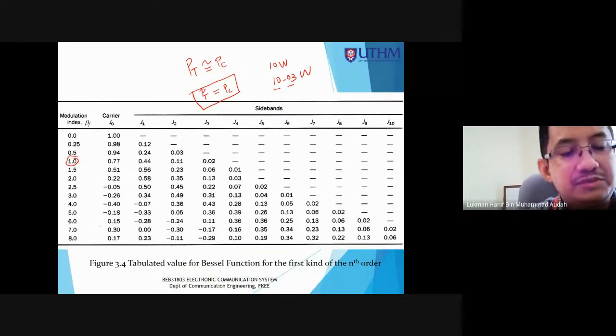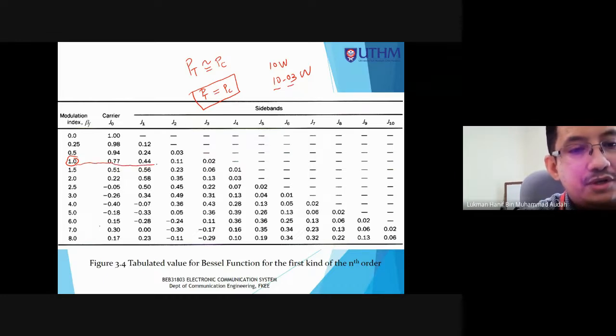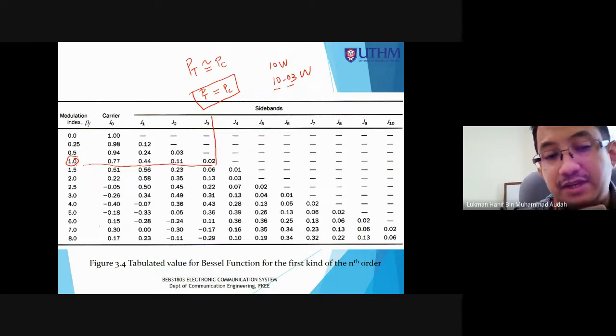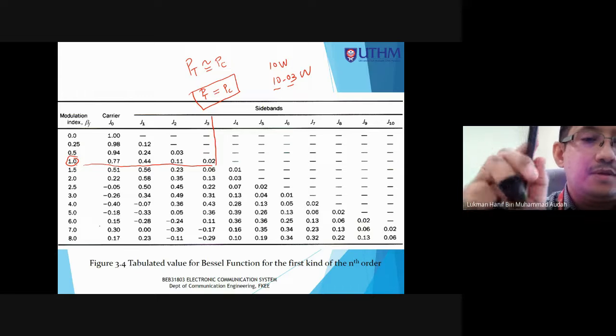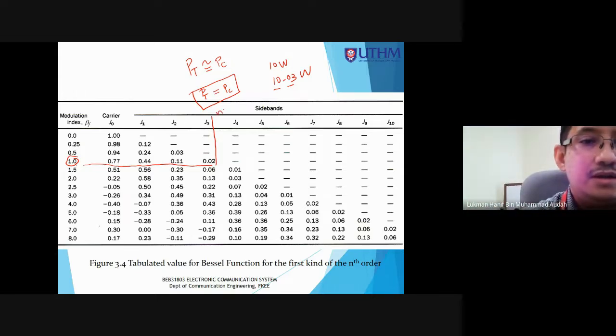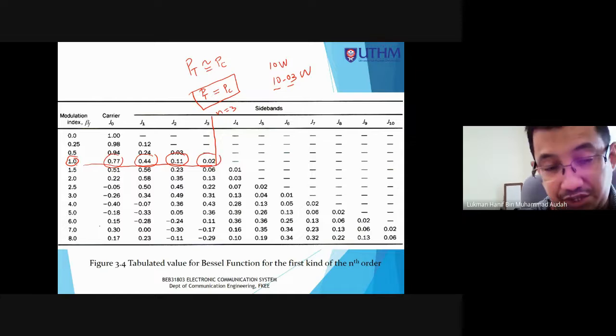Macam apa yang saya ajar sebelum ni, if beta equal to 1, that means you see from here it has up to 3 significant sideband. That means n equal to 3, and we have here J0, J1, J2, and J3.